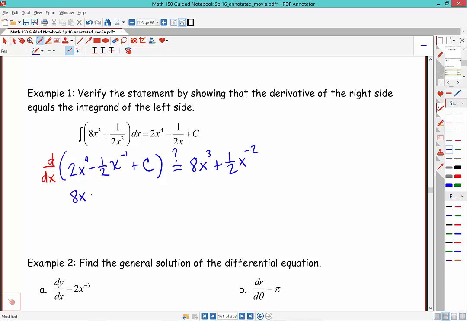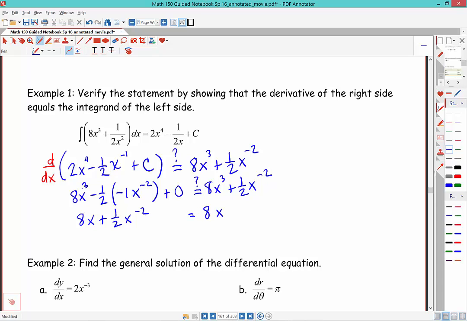Good, we'll get 8x cubed minus 1/2 times negative 1 x to the negative 2. And then what's the derivative of a constant? Good, it's 0. So we get 8x cubed plus 1/2 x to the negative 2. So that checks out, so we have verified the statement.